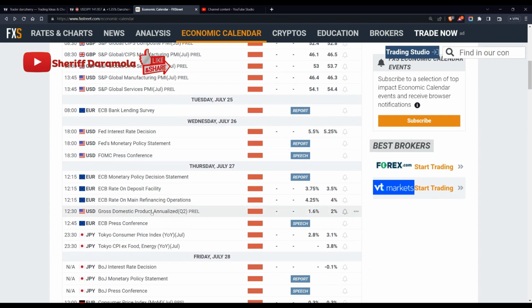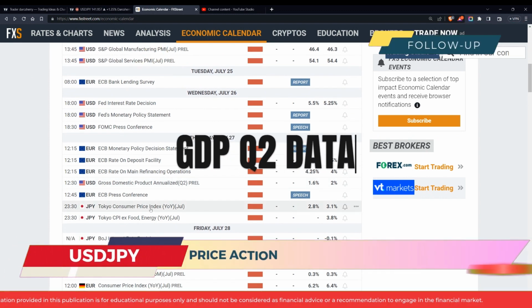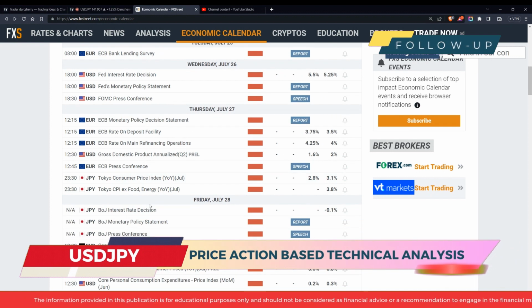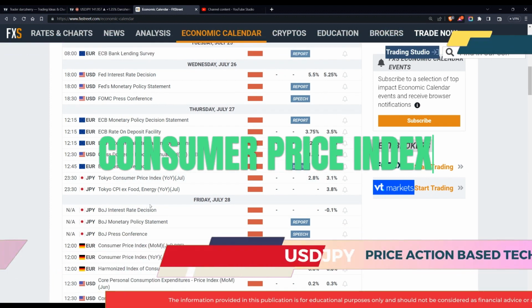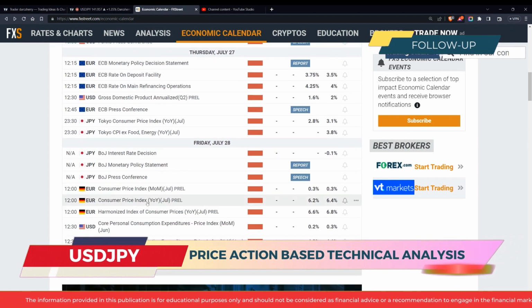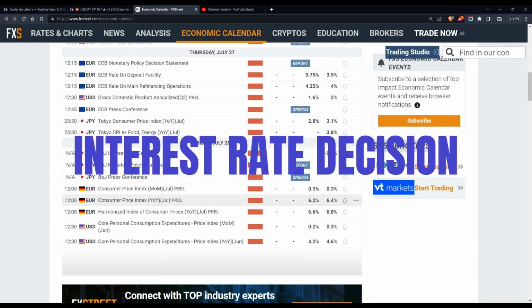Then on Thursday, we have the GDP data annualized for quarter 2 from the US economic docket. And on that same day, we have the consumer price index from the Japanese economy. On Friday, the Japanese economy will be projecting an interest rate decision as well, which everyone in the market will also be looking forward to.